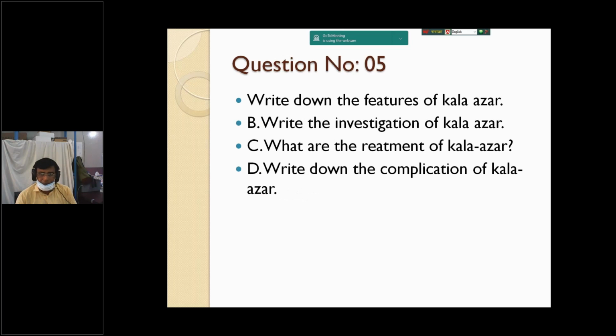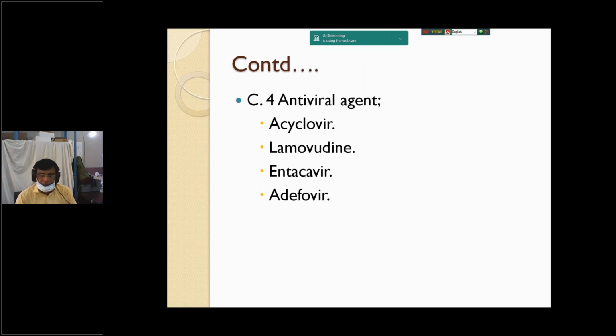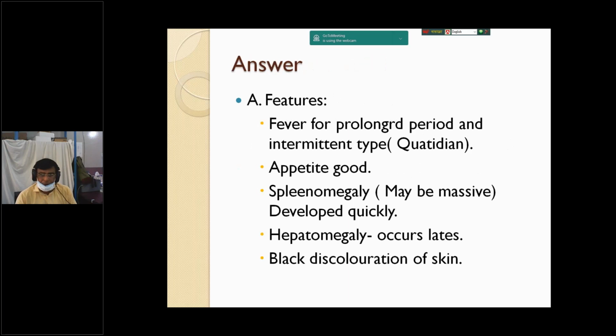Question number 5. Write down the features of Kala-azar. The commonest presentation of Kala-azar is fever, which is prolonged and intermittent type, biquotidian in nature. Appetite is good. Splenomegaly may be massive, develops quickly.